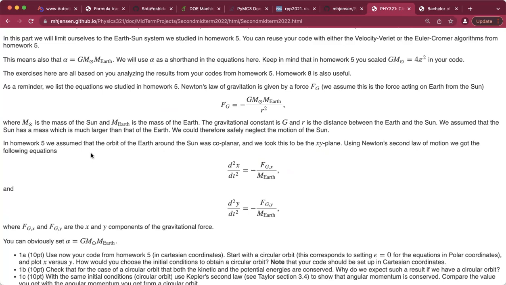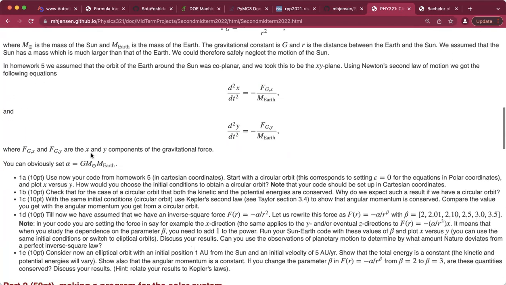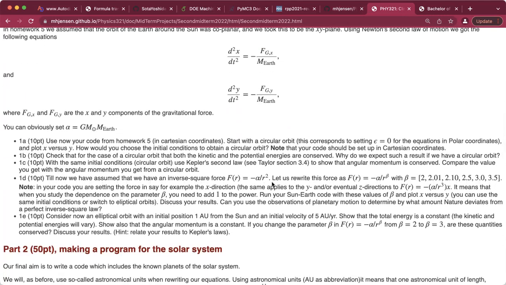One typical example which you will find in this second midterm, if you look at exercise 110, is that we start with an inverse square force, minus alpha divided by r squared. You can play around with the power of r.